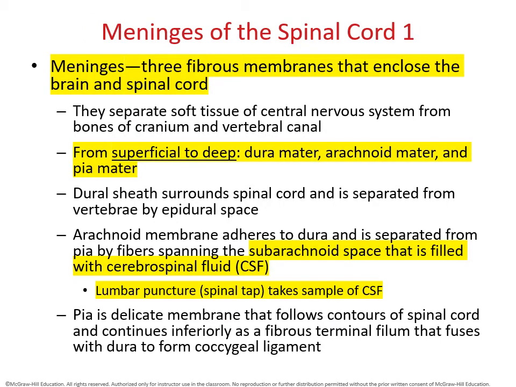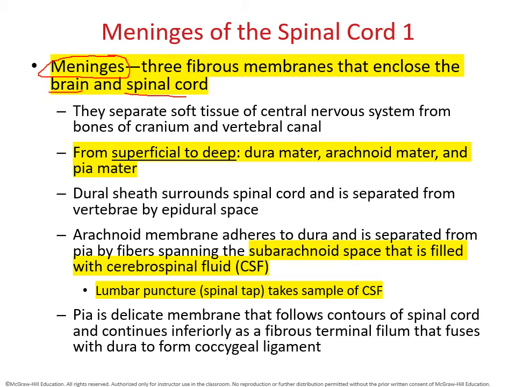Now, protecting the spinal cord as well as the brain, you're going to have three membranes that, almost like a little Ziploc bag, will wrap around the tissue and protect it from the environment that it's in, and also provide a way to lubricate it due to the cerebral spinal fluid. These membranes are going to be called meninges, and you will find them both in the brain and the spinal cord.